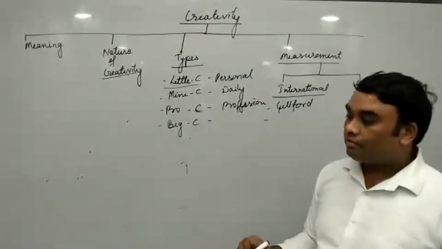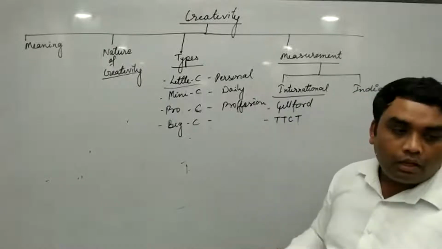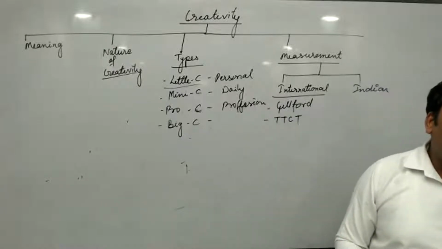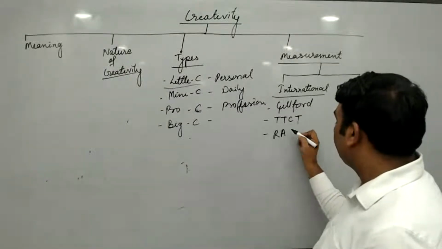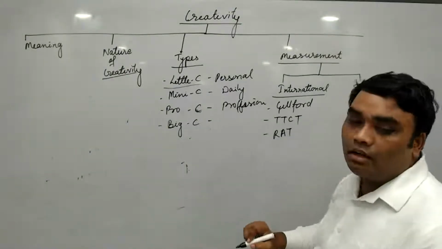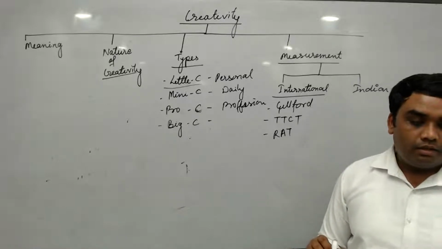Other is TTCT, Torrance Test of Creativity. Other is RAT, Remote Association Test.